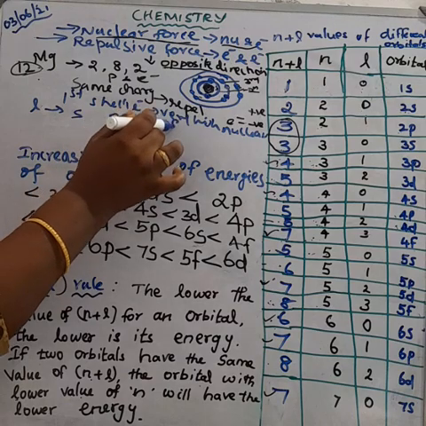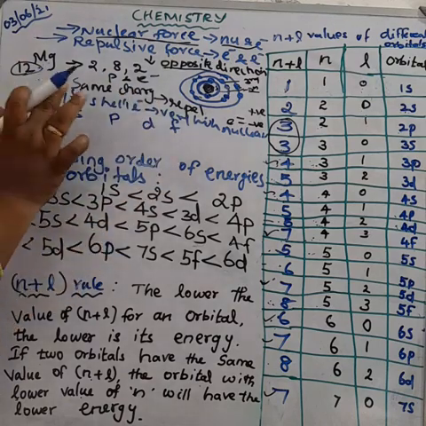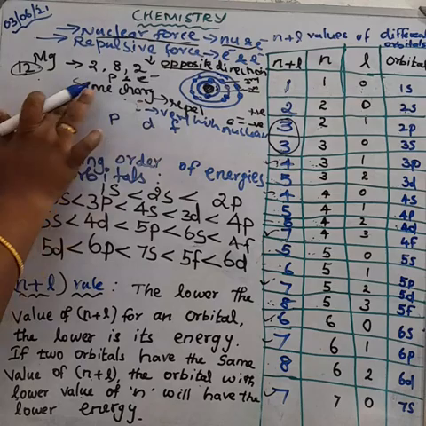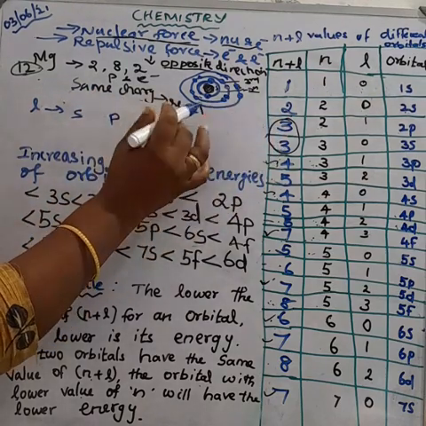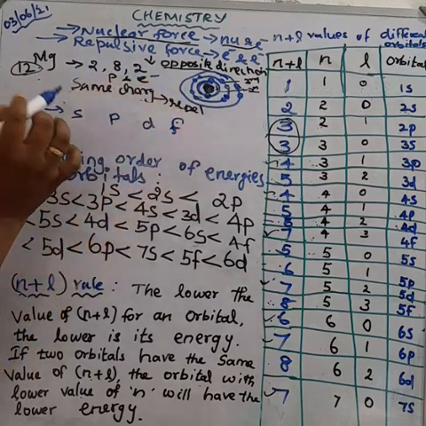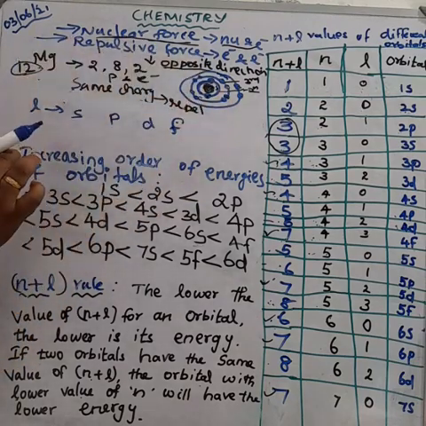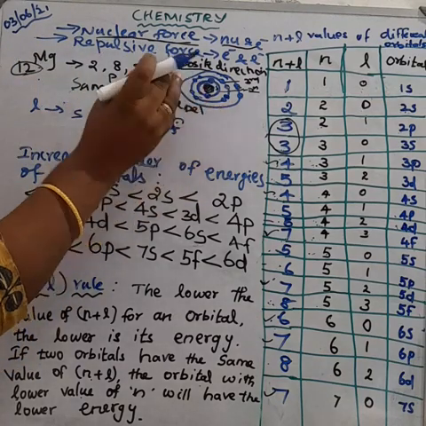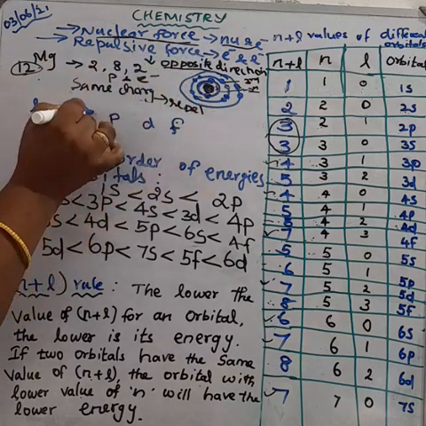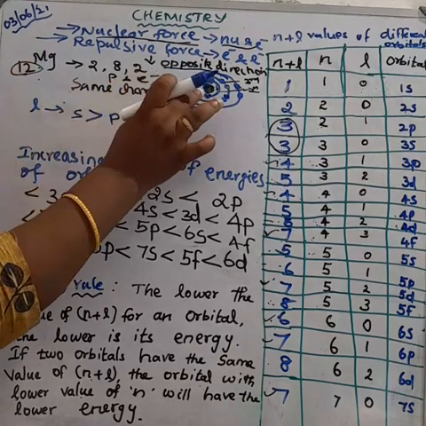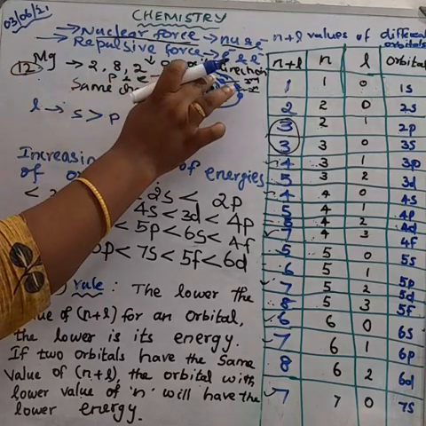So how can we write the decreasing order of nuclear force? You can write now. The s orbital is very close to the nucleus, so the effective nuclear force between the s orbital and the nucleus is very high.